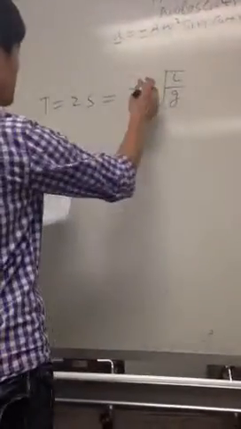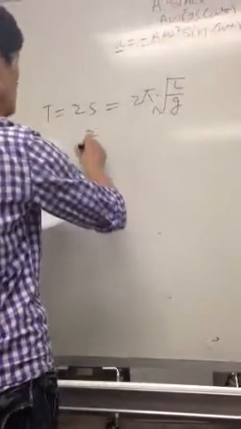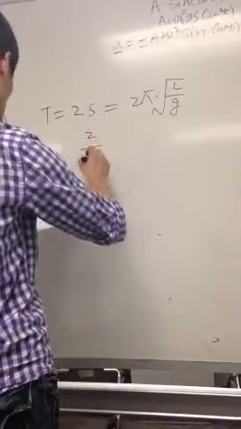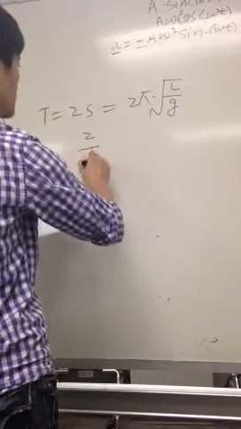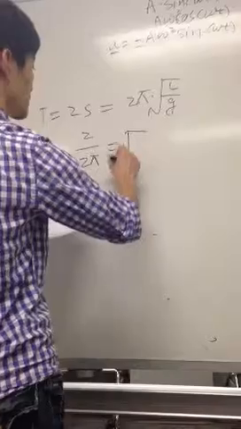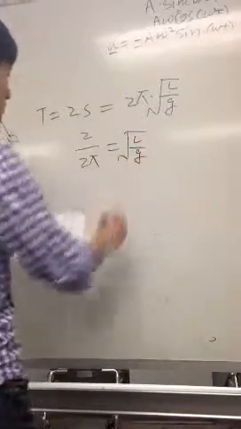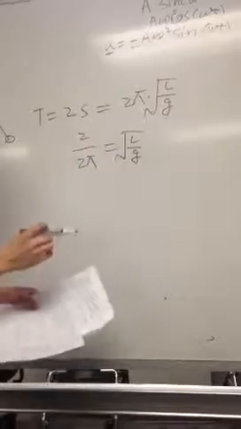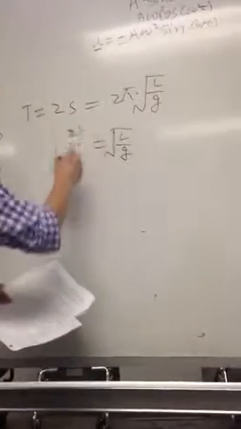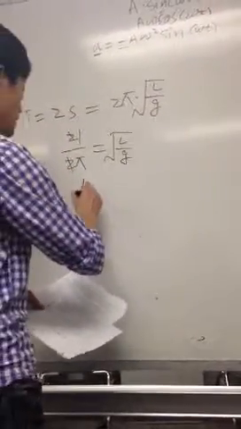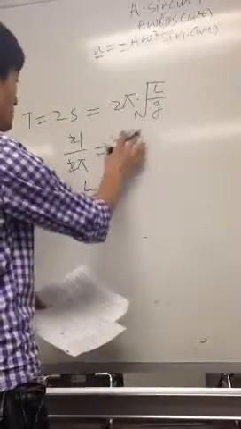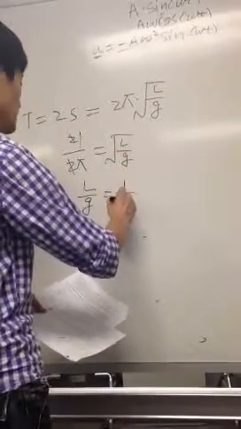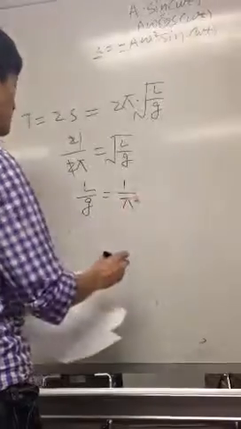Because T is 2 seconds, 2 over 2 pi is equal to this, right? Just move this 2 pi to this side, cancel 2. So L over G, take square on both sides, pi square.